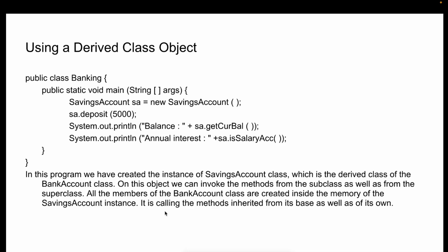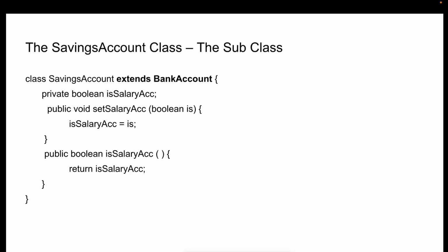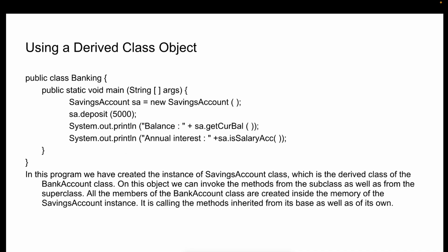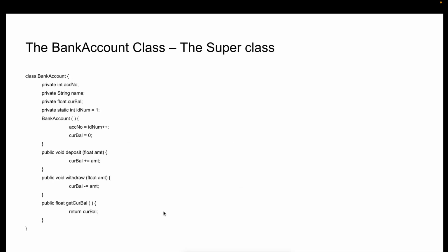It is calling the methods inherited from its base as well as its own. So we are calling the methods defined in the parent class with the object of the child class.